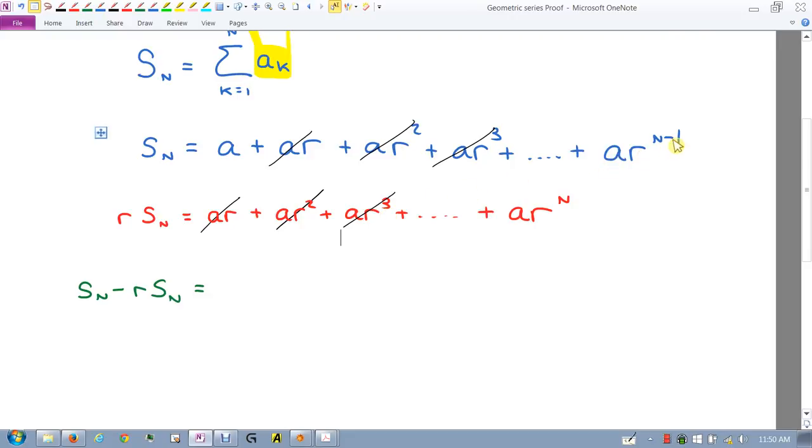How about AR to the n minus 1? Is it going to go away? Yes, because isn't it right here? Right here, isn't it AR to the n minus 1? The one right in front of this one is AR to the n minus 1. So it will cancel with this. Now, is there anything left to cancel this one out?